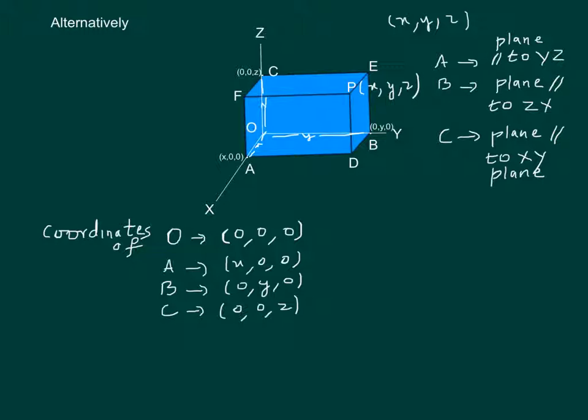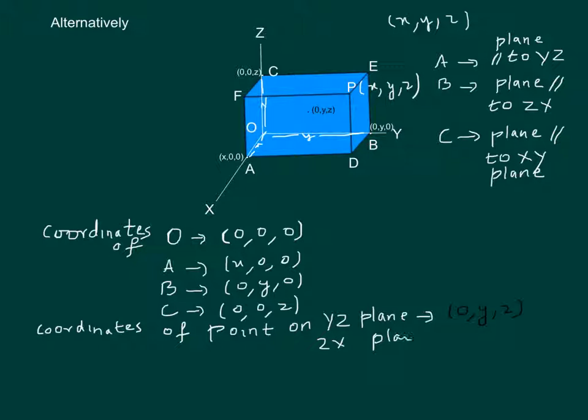Let us also discuss coordinates of any point on the planes. So let us start with the YZ plane. Here CEBO is the YZ plane. Any point on this plane will have coordinates of the type 0, y, z. Similarly, coordinates of any point on the ZX plane would be x, 0 and z.